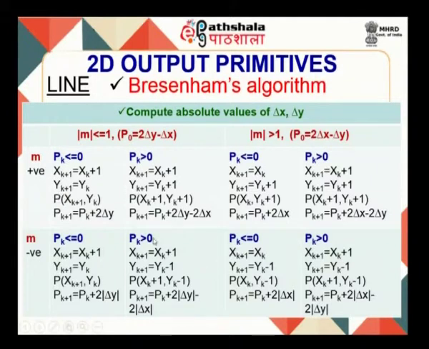One important thing that all of you should remember is, whenever you have to compute for the negative case, when m is negative, do not substitute the corresponding negative values for del x and del y; take only the magnitudes. Our aim is not to take the signs for del y and del x.